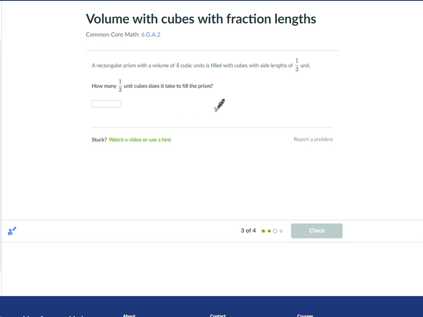So what's happening now is, in order for me to find out how many 1/3 unit cubes it takes to fill a 4 cubic unit prism, I need to find out how many 1/3 by 1/3 by 1/3 unit cubes it would take to fill a 1 by 1 by 1 unit cube.